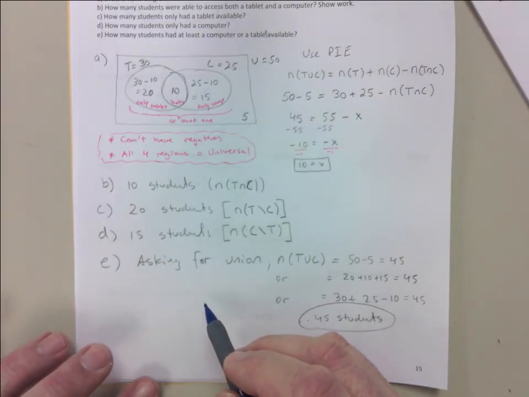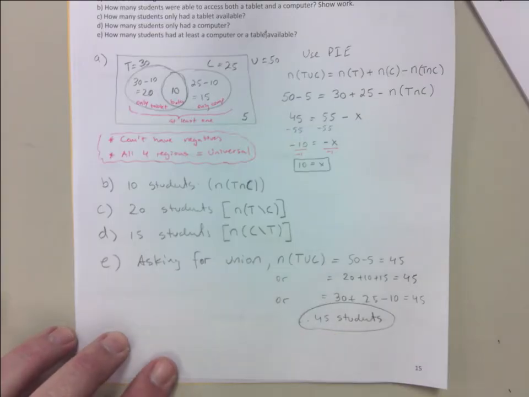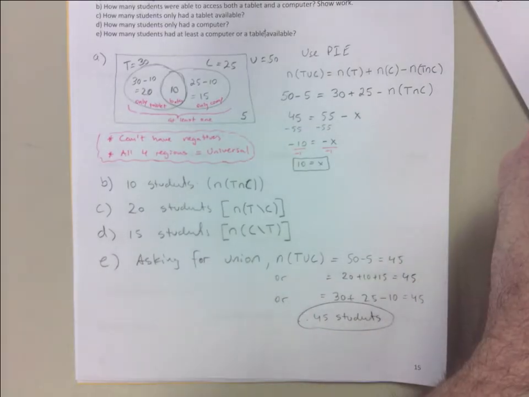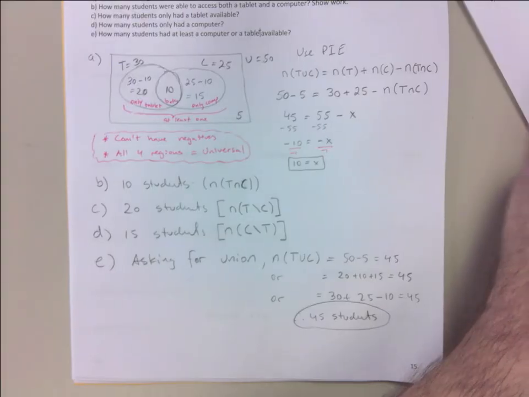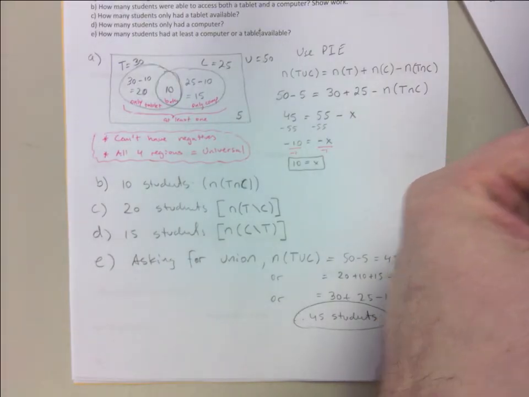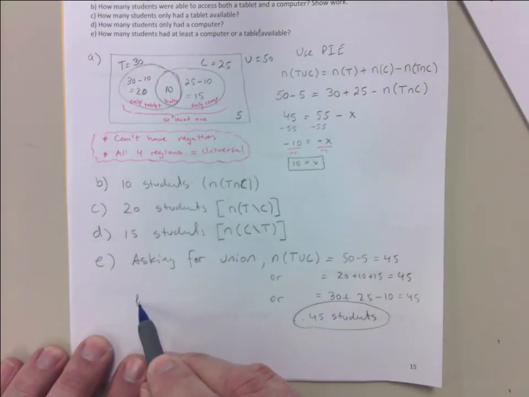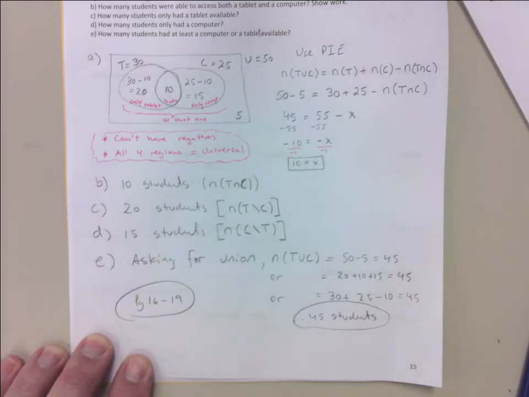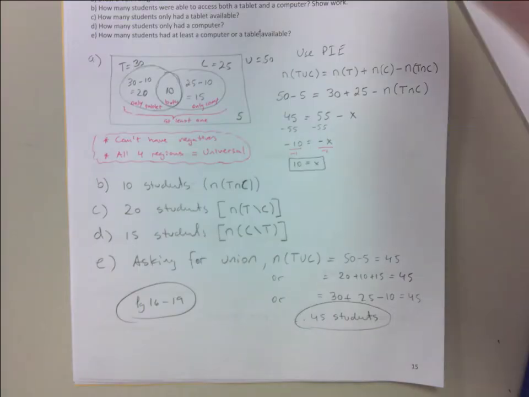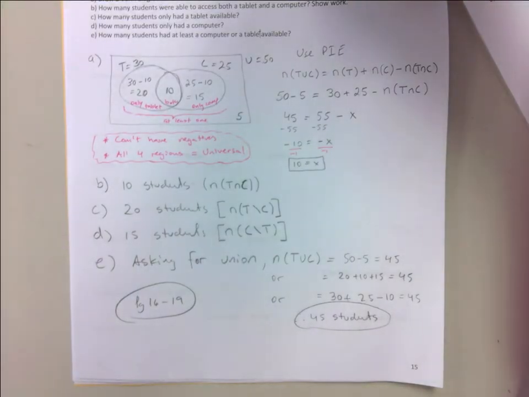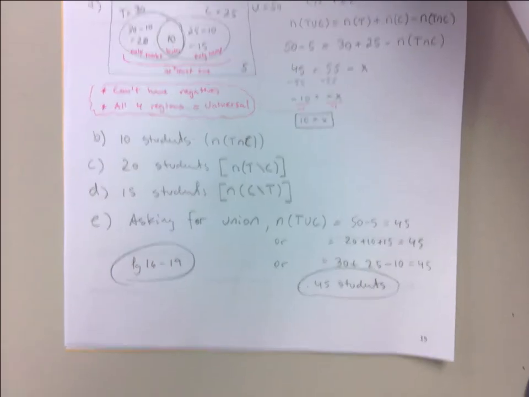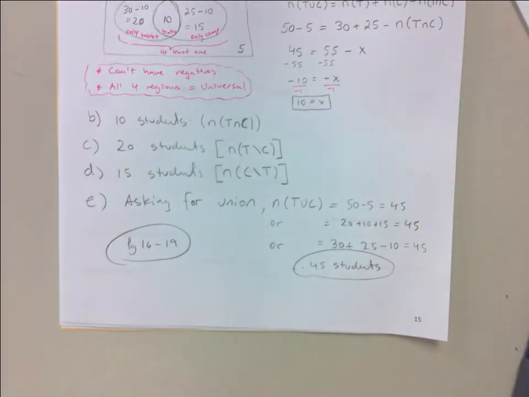I'm going to say 16 to 19. There's some word problems with Venn diagrams. There's also something we tried on page 6 where I made our own sets. We write them out, we create them, things like that.